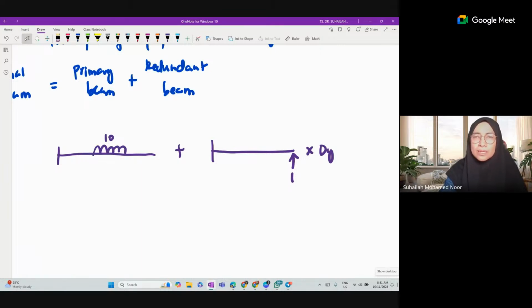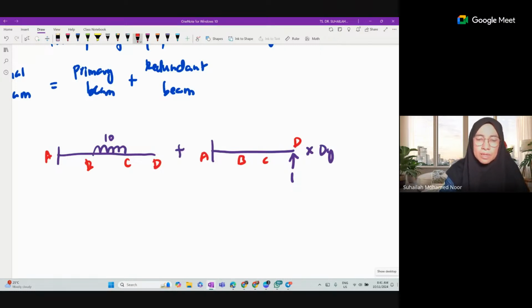The first one is now a cantilever beam, the primary beam, with A, B, C, and D. We keep the labels A, B, C, and D here as well because we need the same cutting sections for both diagrams.